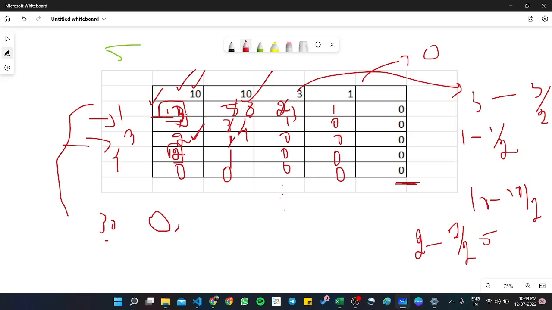If I choose from these bad keys, this is the first bad key. If I choose it, the cost will become the summation of this value. The summation of this value is 13. 13 plus, next, if I move this, my bad key value is 4.